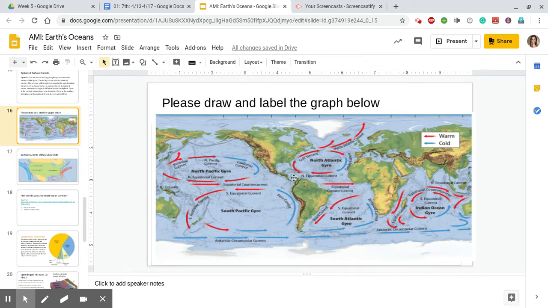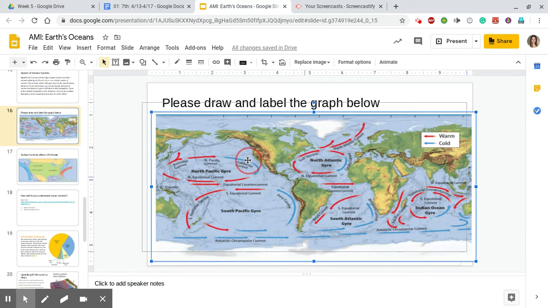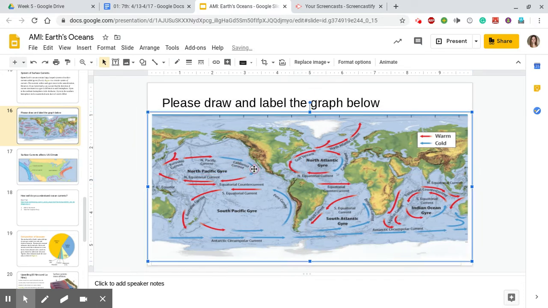And so, the United States, which is right here, experiences two surface currents on its coasts. As part of the North Pacific Gyre, we have the California Current on the west coast, bringing in cold water from the north, causing a cooling effect on our west coast.